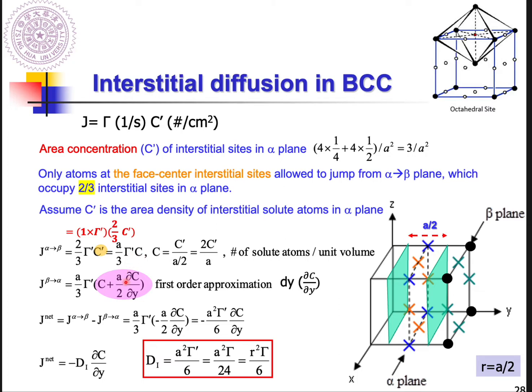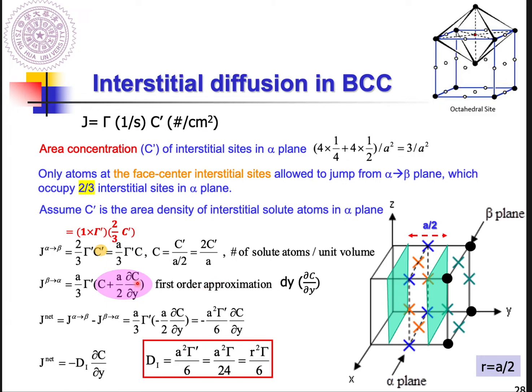So instead of getting the area density and determining how many possible jump directions, we use this method to get the concentration of interstitial sites on the beta plane. C is the concentration at the alpha plane.